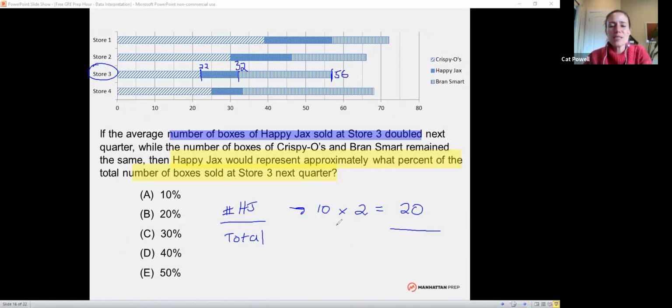Is that what goes on my denominator though? Is 56 the total number of boxes next quarter? Why not, Sandy? What do I need to do?